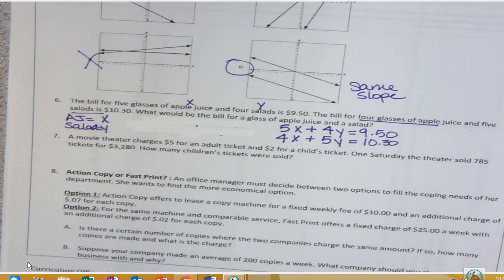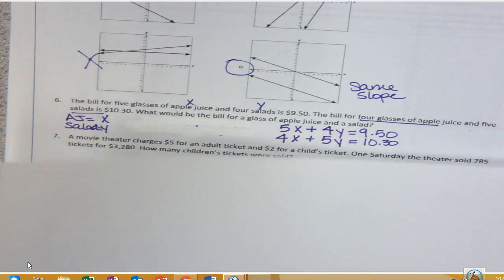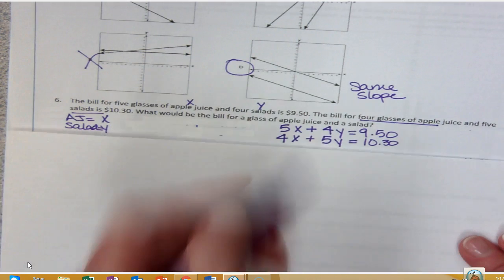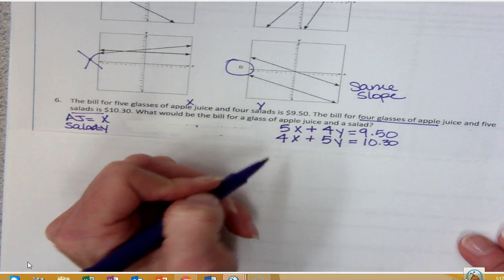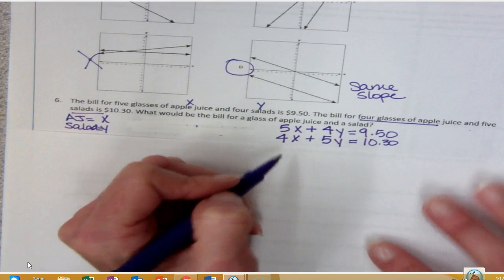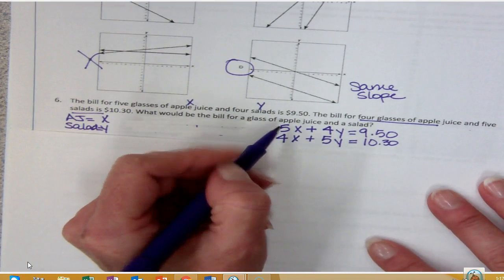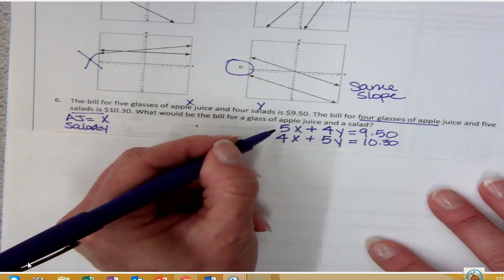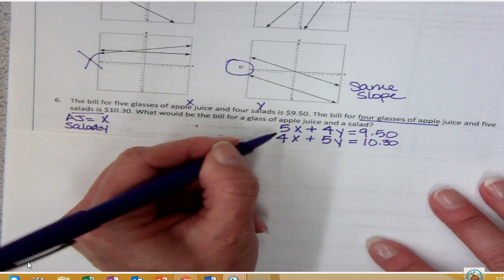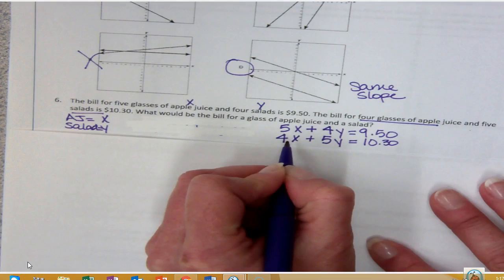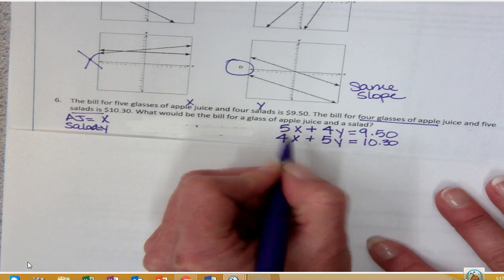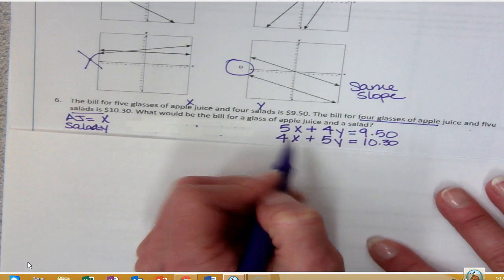So in order to solve that, we can use elimination. And in order to get these the same, I can multiply one by the opposite. Since I'm looking at these, I know that I need the same number with an opposite sign, and I have none of that here.